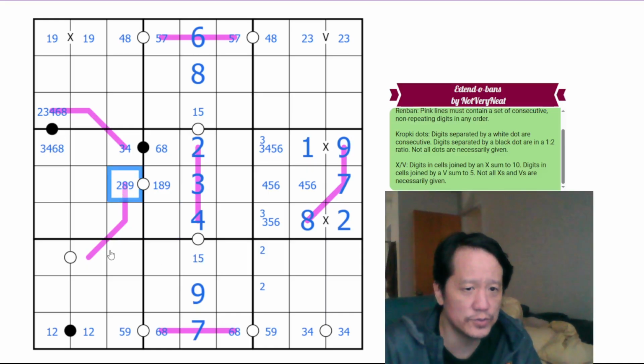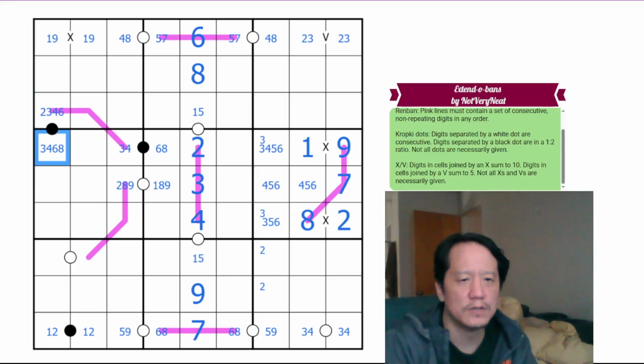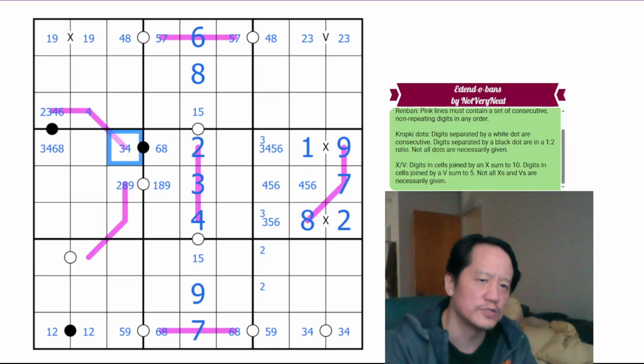If this is 2, okay, so this is consecutive. This has to be at most 2 away from this digit, so this cannot be 8 here. 2 and 4 work if that's 3, so then this would be 4. 3 and 6 would force this to be 4 and 8, so this would be 2 or 5.